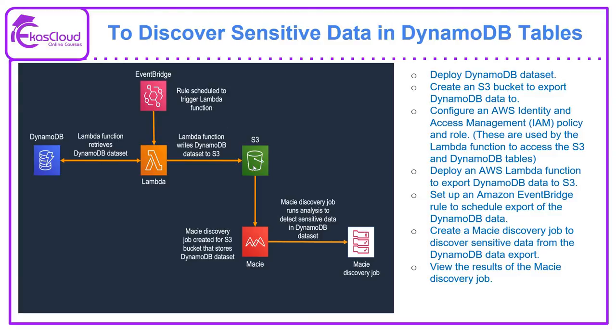And once that is done, you create a discovery job, and that would help to discover the sensitive data, if there's any sensitive data within your DynamoDB data set. And over here, you would be able to view the result that Macie was able to discover from the discovery job.